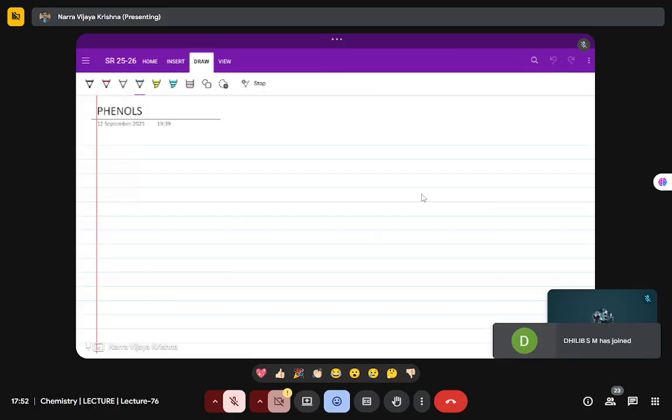Right. So first we are discussing nomenclature of phenols. Phenol is also called carbolic acid. What is carbinol? Methanol is also called wood spirit, or it is also called carbinol. What is carbolic acid?